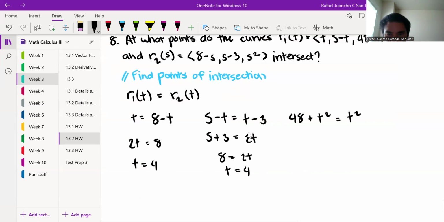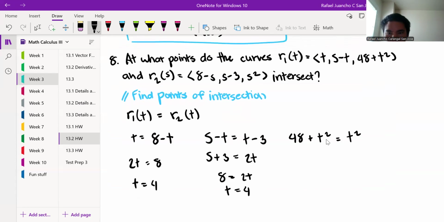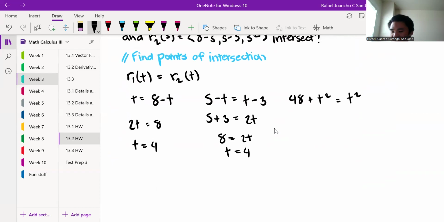S minus 3, s squared, and t. This definitely doesn't make sense. When you add it, it's equal to itself. I don't know if that works. Yeah, that one is confusing, because here, when I plug in the 4, I get 64 and I get 14. So I guess it doesn't intersect, maybe?